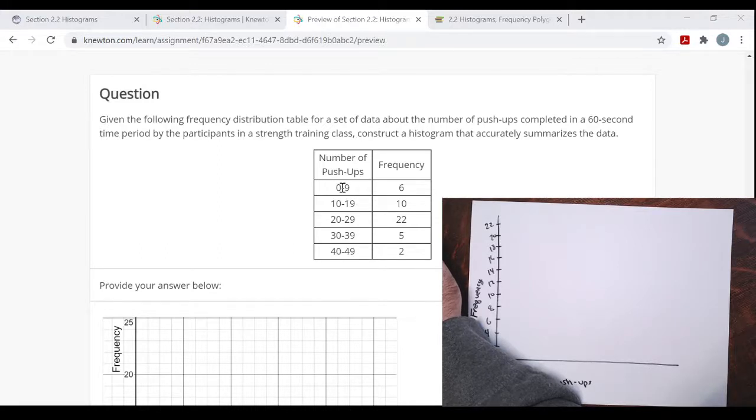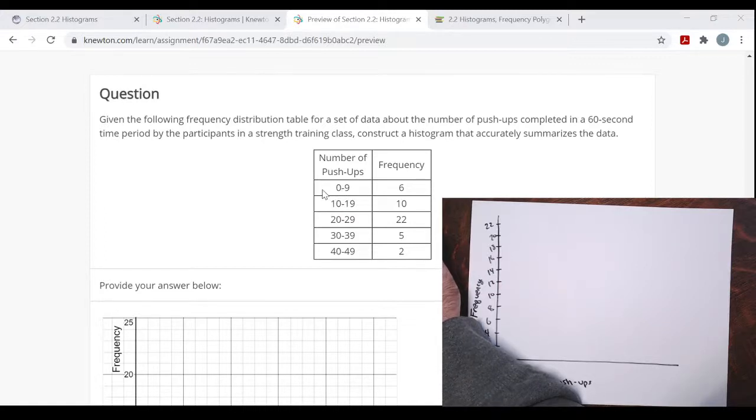We throw all the 0s through 9s in this first group, and there are 6 of them. Right? So that means there could be a 1, a 2, a 3, a 5, a 7, and an 8, and a 9. There are six values from 0 to 9 inclusive. And then there are 10 values from 10 to 19. It's grouped data when you see these ranges or these intervals.